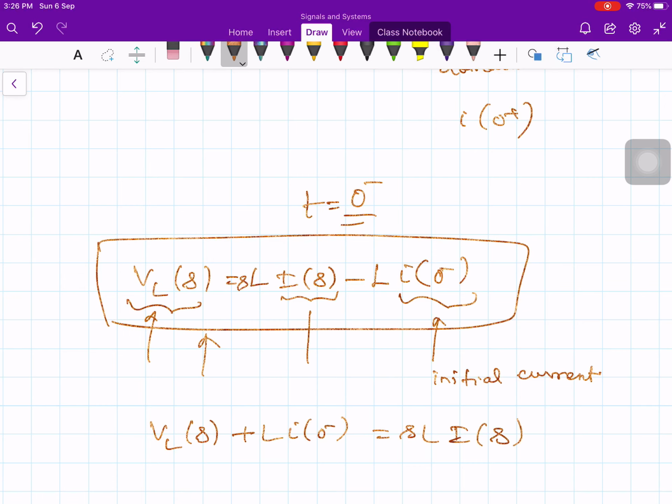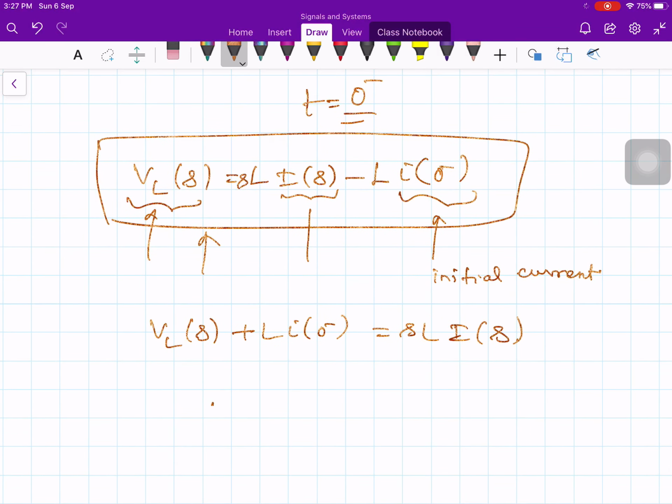Now what is I of S? I of S is equal to VL of S divided by SL, plus, as L and L get cancelled, i of 0 minus divided by S. So this is the current which is flowing through the inductor.